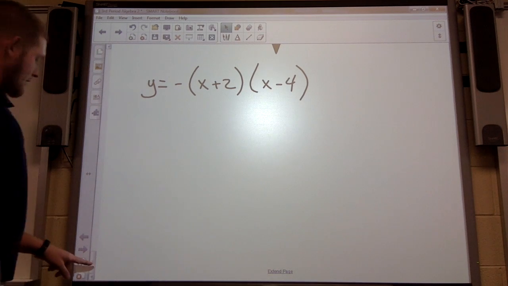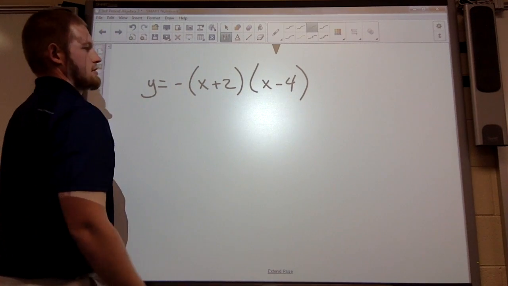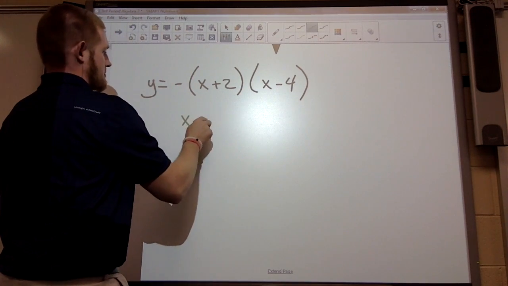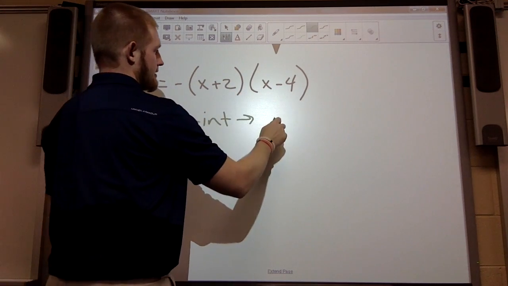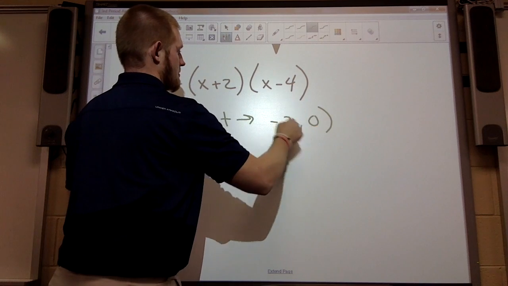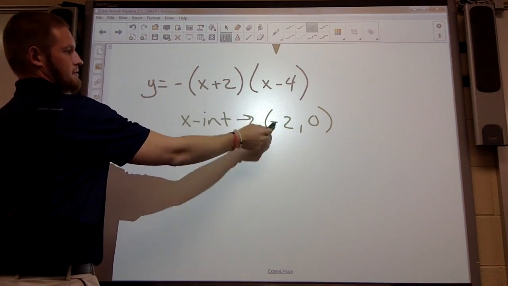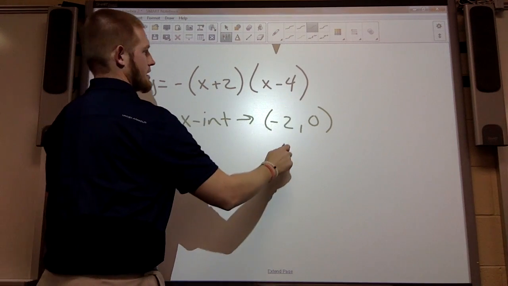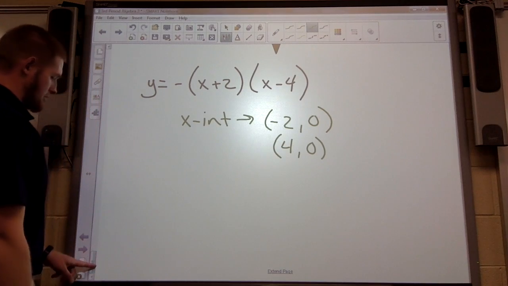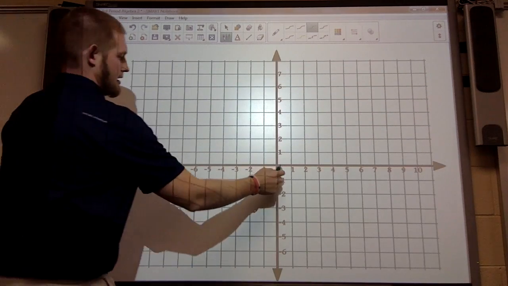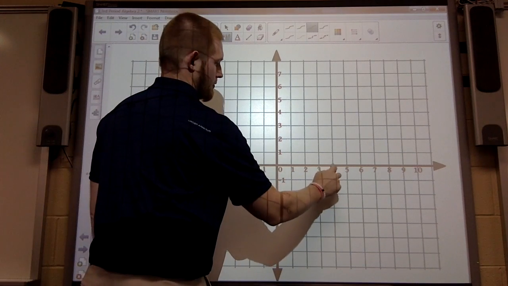I should be able to tell from looking at this my x-intercepts. One is at negative 2, 0. Remember, this is negative: if this is a positive, then this is a negative. And one is at 4, 0. Those are my two x-intercepts. So I want to come up here, negative 2, 0, and 4, 0.